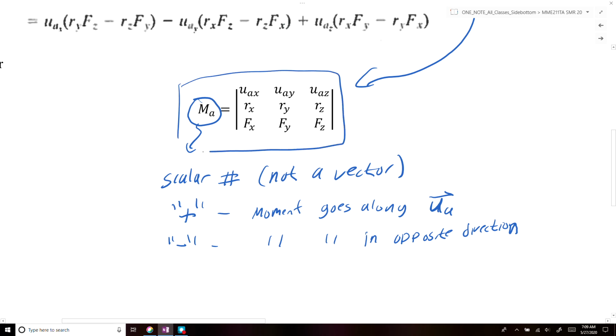To recap, if you take the dot product of the cross product to determine the moment about an axis, the moment about an axis will be a scalar number. It will be positive if it goes along the axis direction and negative if it goes in the opposite direction.